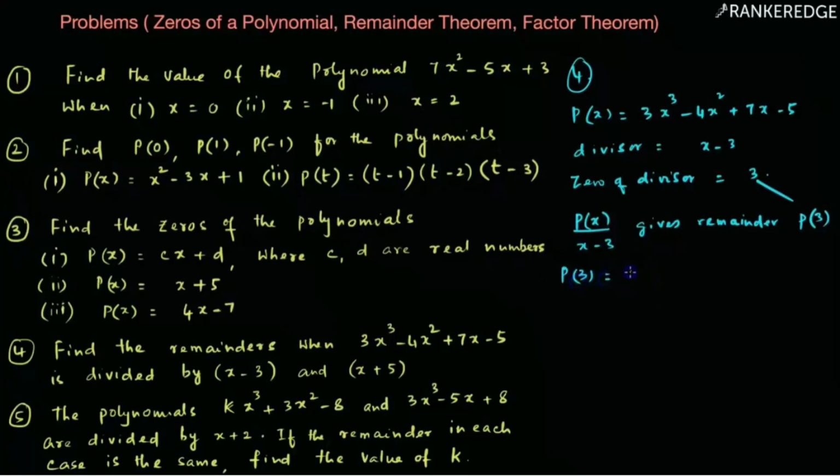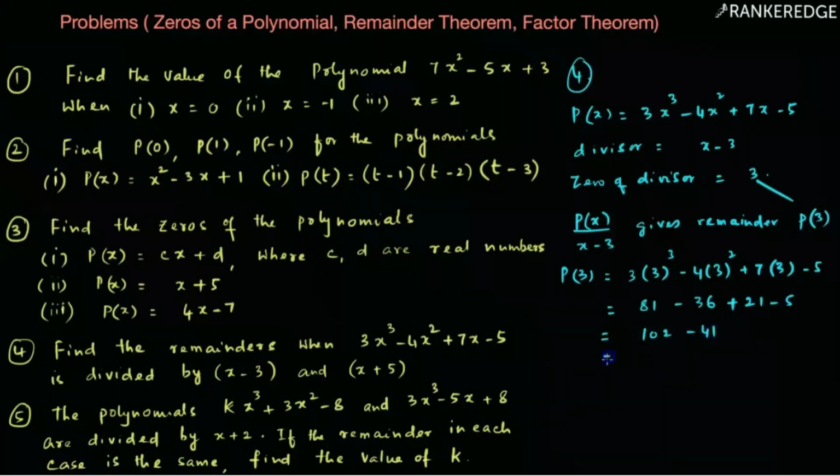That is equal to 3 into 3 cube minus 4 into 3 square plus 7 into 3 minus 5. So this will be 27 into 3, 81 minus 36 plus 21 minus 5. So this will be 102 minus 41. That is equal to 61.